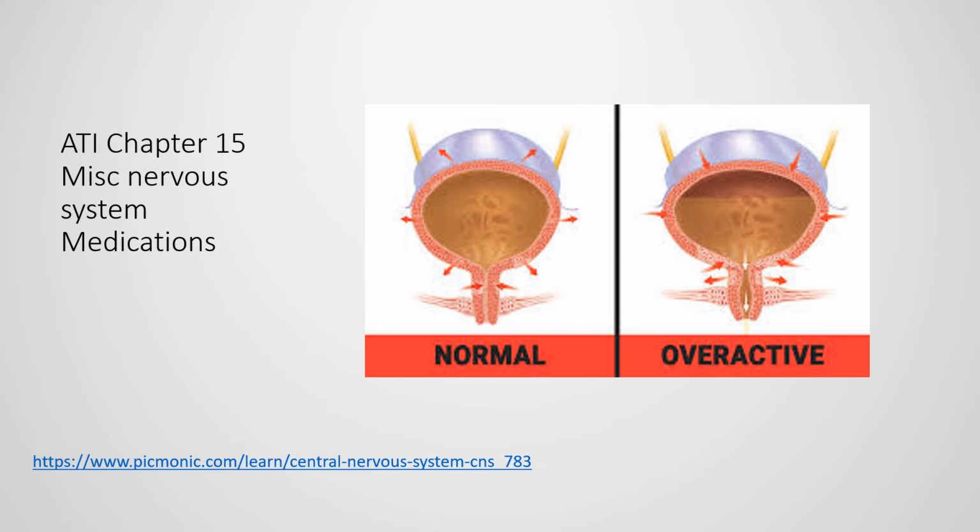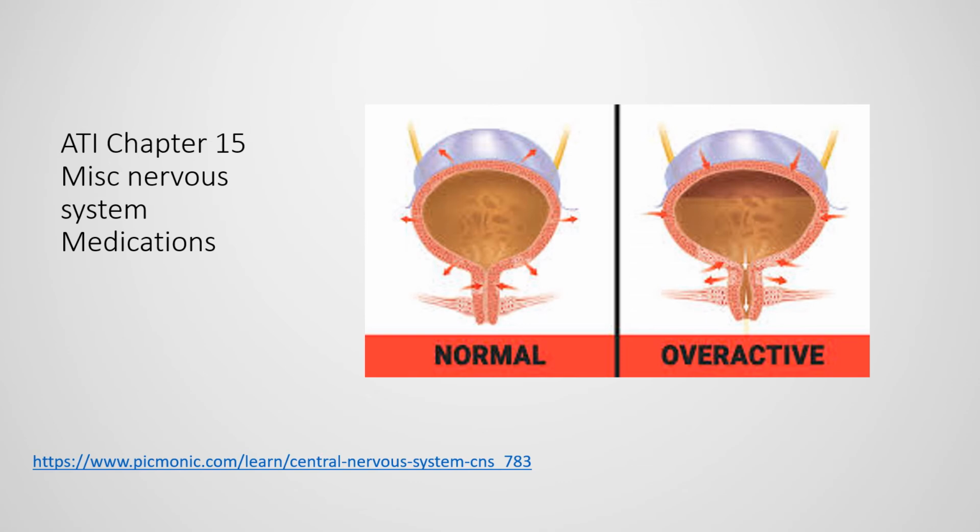Okay, so we're going to spend a bit of time talking about the bladder. The bladder is basically a holding container for urine. If we didn't have a bladder, we'd just continually leak urine down our legs.